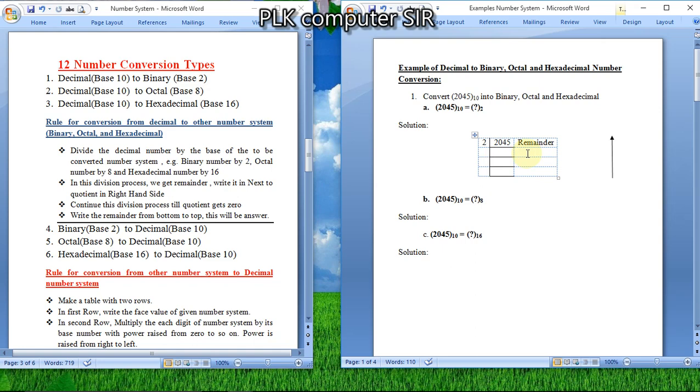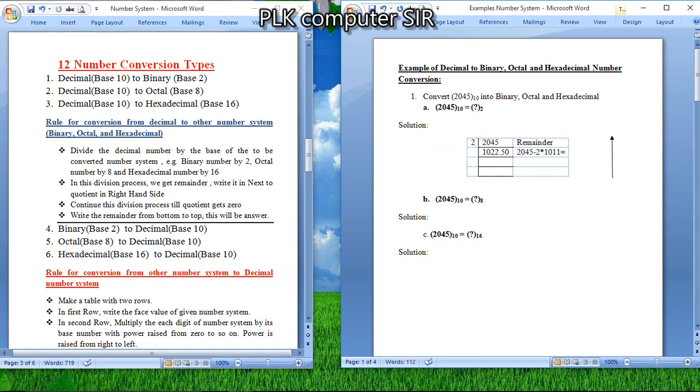2045 divided by 2 will come 1022.5. To get a remainder, if there is a decimal point, then there is a remainder. So how to get the remainder? We have to do 2045 minus 2 multiplied by 1022.